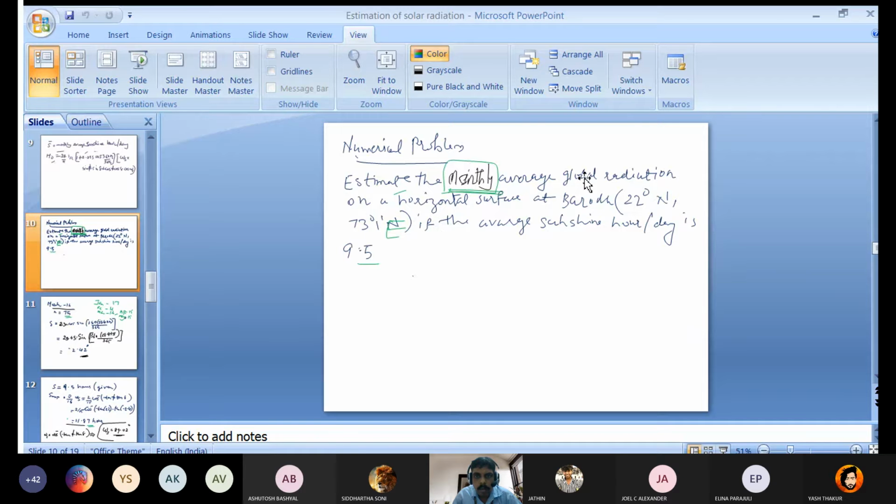Estimate the monthly average global radiation if the average sunshine hour per day is 9 hour. So average sunshine hour is given, and S max is given. You can get A and B values from the data book for Baroda. H0 you can calculate so that you can get Hg dash. Hg dash we want to find out.